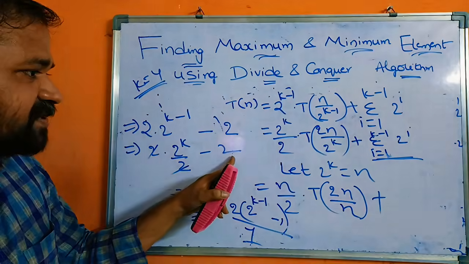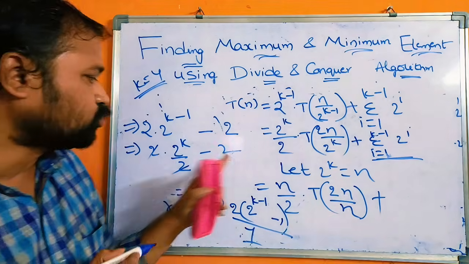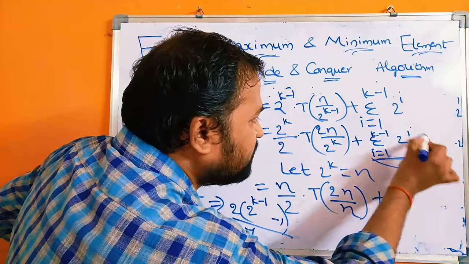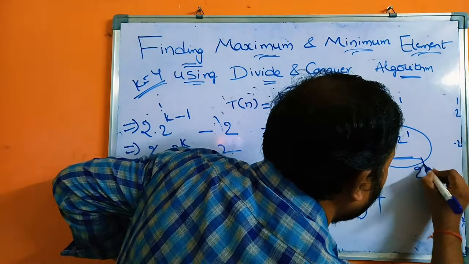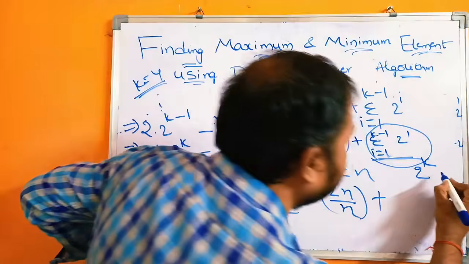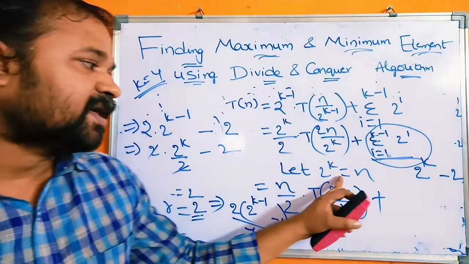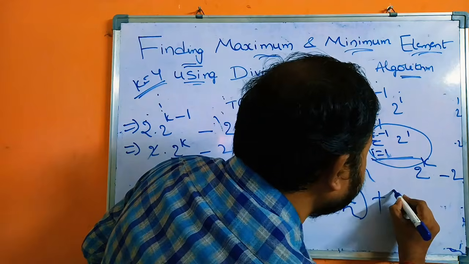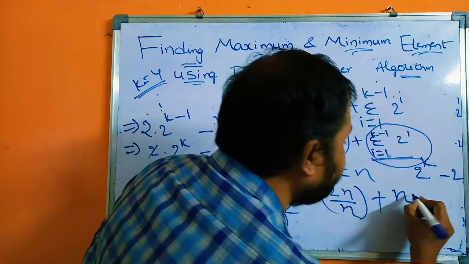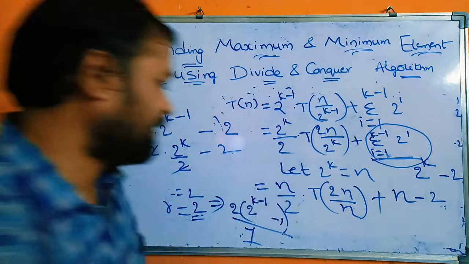So what is the equation now? 2 power k minus 2. So if we solve this entire equation, we will get 2 power k minus 2. What is 2 power k? We are assuming 2 power k as n. So n minus 2.